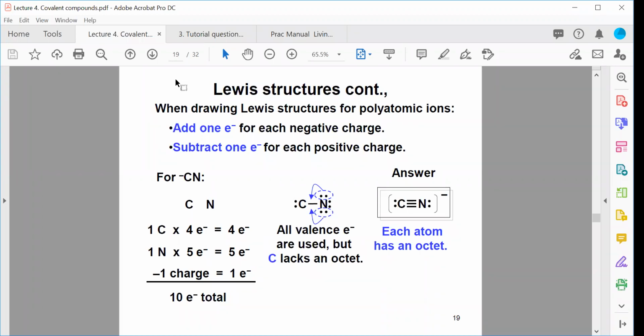What sort of bonds are they? We looked at examples such as, in that table, carbonate. That was one of your tutorial questions. We mentioned nitrate, nitrite, sulfate, sulfite, hydroxide, cyanide, which is the example we've got here. Can anyone remember the type of bond that holds the atoms together in a polyatomic ion?